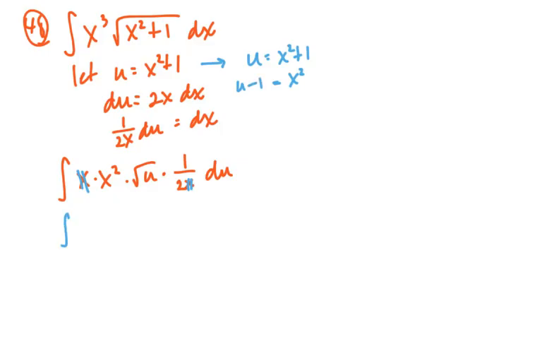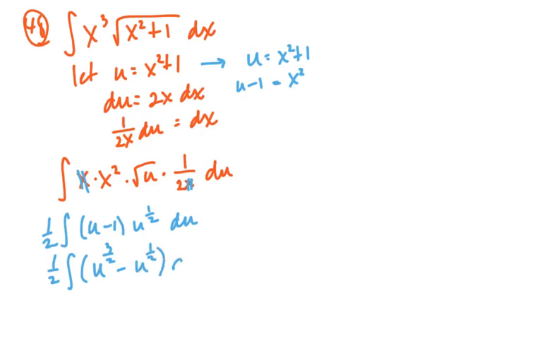So we're going to say the integration of u minus 1 times u to the 1/2. And I have a 1/2 power, so I can move that out front, du. So we have 1/2 integration, distribute, u to the 3/2 minus u to the 1/2 du. So we integrate, we have 1/2 times all of that.